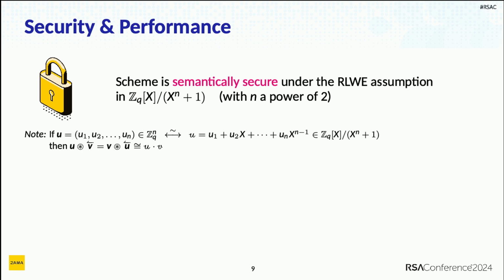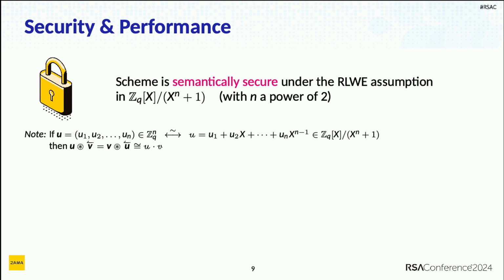So I won't present the proof, but it's not too difficult to show. The scheme is semantically secure under the ring LWE assumption. You may wonder why we see a polynomial here. The reason is that there is a close relation between the convolution and the multiplication in this ring.